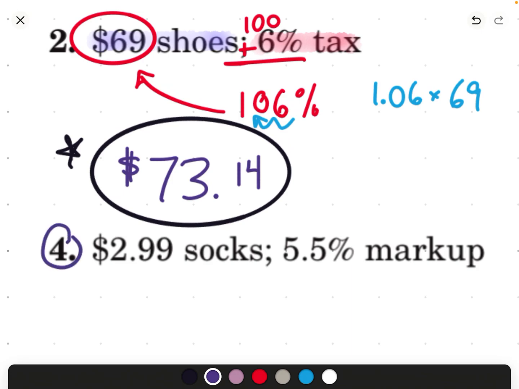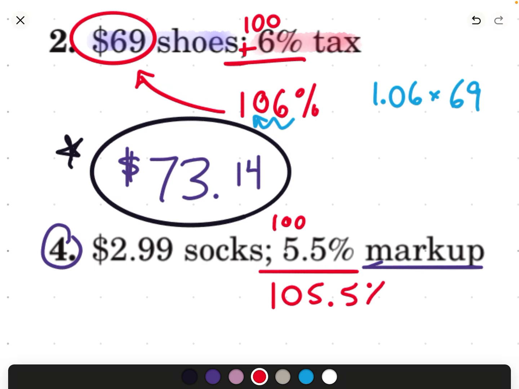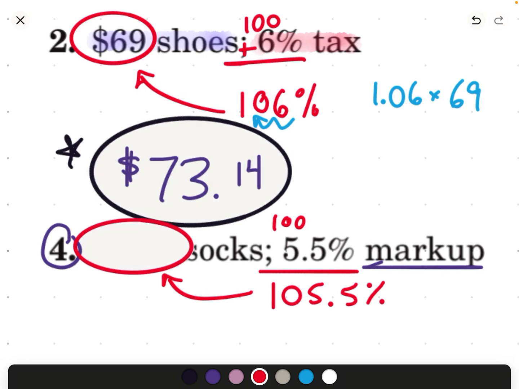All right, so let's do one more here. So this is a markup, but again, nothing is different about this particular additional fee. All the additional fees are solved the same way. Add that percentage to 100 and multiply by the original price. So I'm going to add, again, it's not 100 plus 55, it's 100 plus 5.5, which is 105.5. Don't overthink. Okay, 105.5% times the original cost, which was $299.